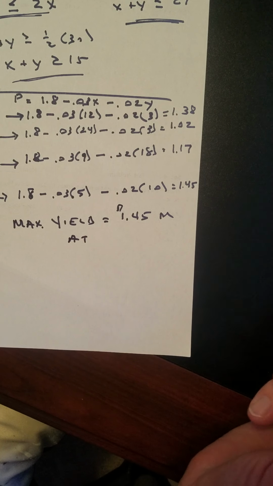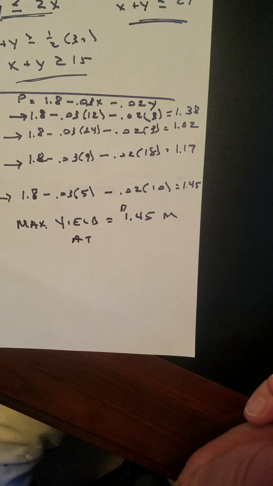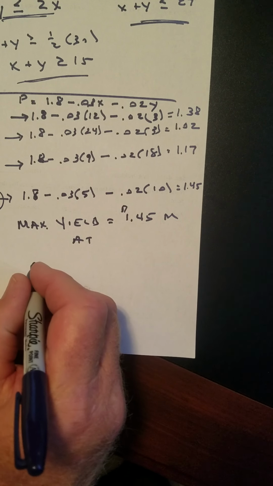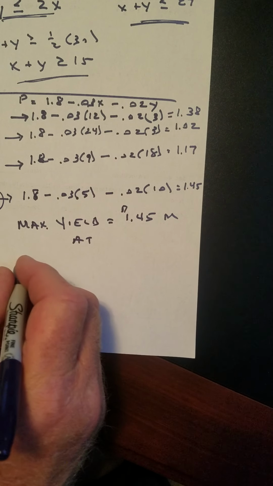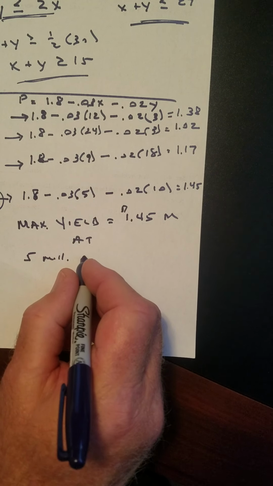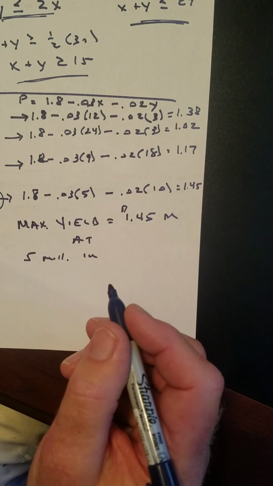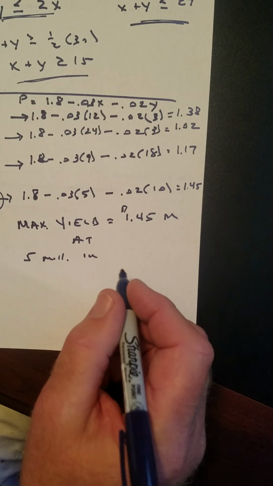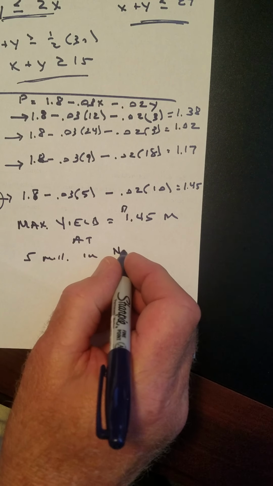at, okay, now I got that 1.45 using these numbers here. So that means I'm going to put 5 million in, what was first? Treasury notes. I'm just going to put notes.